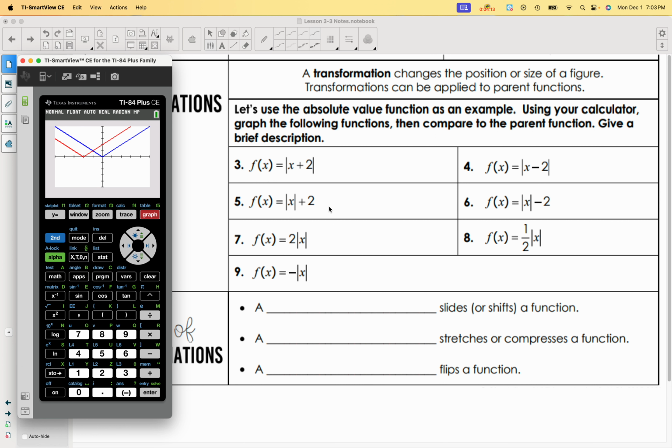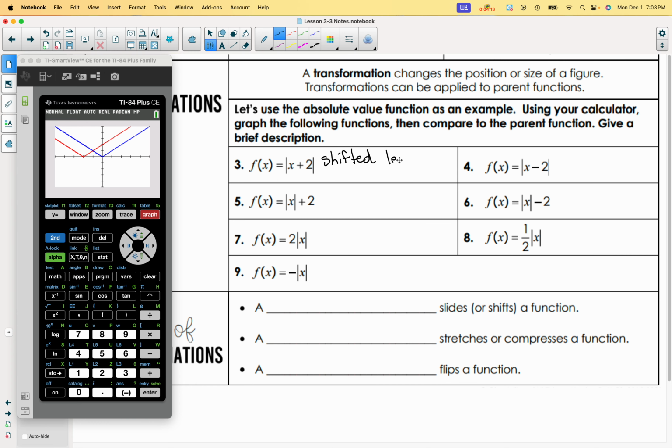You can see my parent graph is in blue and my other graph is in red. And notice what happened. It looks like it got shifted to the left 2.